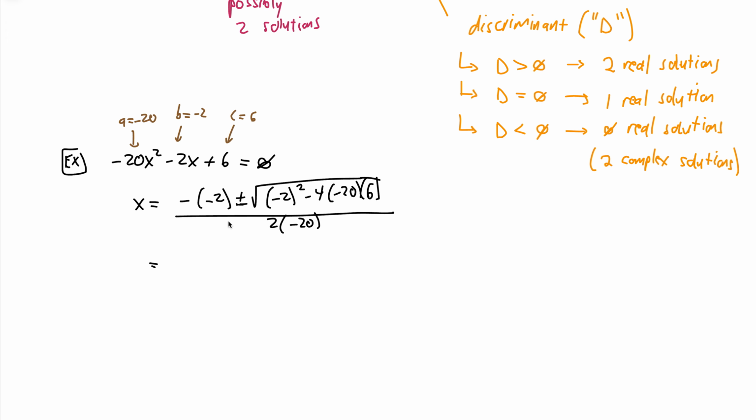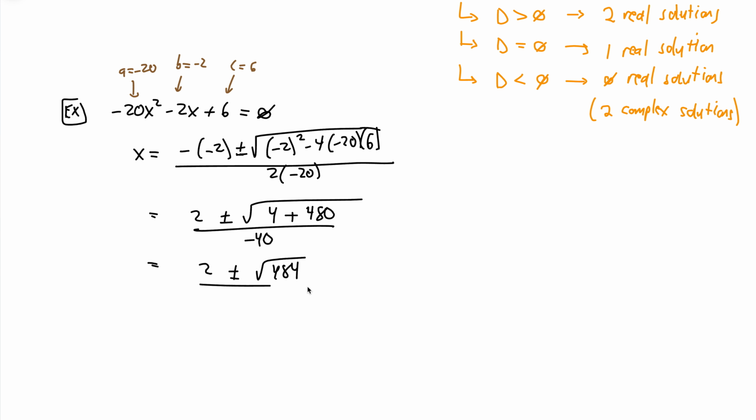From here, we simplify a bit. Negative 2, positive 2, plus or minus the square root of 4 plus 80 times 6, which would be 480, over negative 40. From here, that's 2 plus or minus root 484 over negative 40. 484, we're going to have to simplify this.